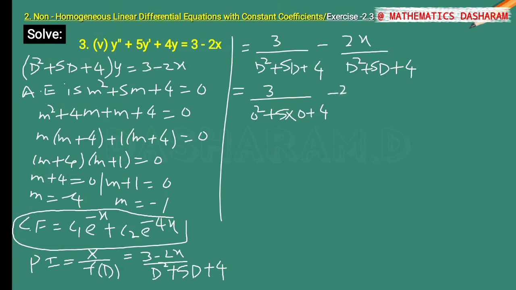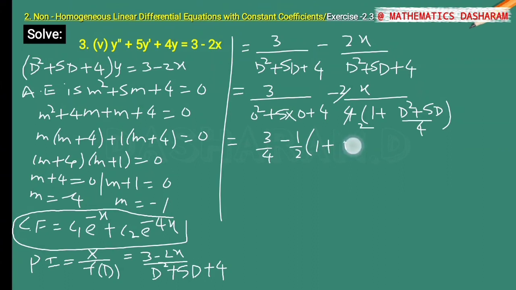and here we have to take the 4 common in the denominator, then 1 plus (D square plus 5D) by 4. So here 2 ones are 2, 2 twos are 3 by 4. So minus 1 by 2.